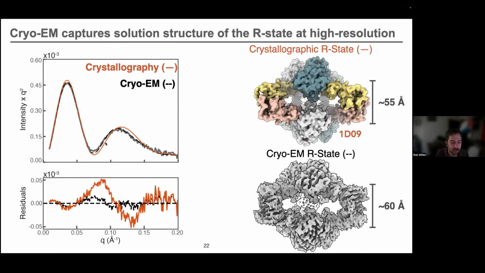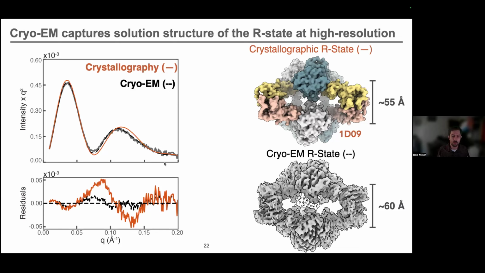That is why we were really excited when we saw this unprecedented and exceptional agreement between the theoretical scattering from our cryo-EM model and our solution scattering, suggesting that cryo-EM was already providing us novel insight into the structure of ATCase in solution, in this case, the structural consequences of substrate binding.